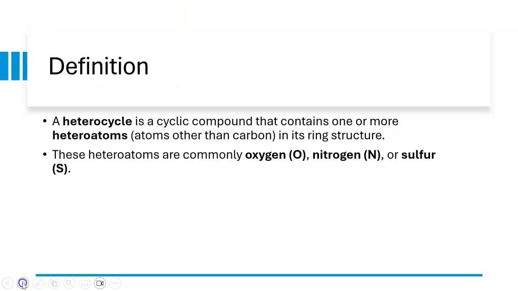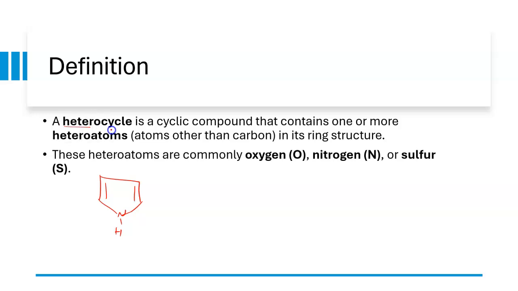Let us see the definition of heterocyclic compounds. What are heterocyclic compounds? When there is a carbon chain that contains some heteroatom, for example, this can be a carbon chain, but if it contains a nitrogen in between, that kind of compound is said to be a heterocyclic compound.